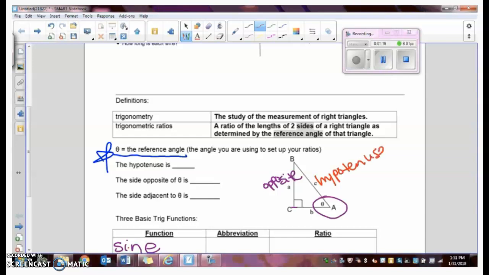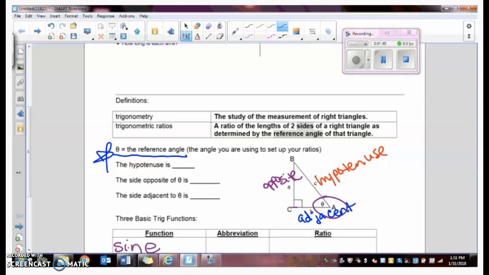When I talk about the opposite side, that's the side that doesn't touch the reference angle. In every right triangle there are three sides, depending on what reference angle you use: an opposite, a hypotenuse, and an adjacent. Adjacent just means next to.